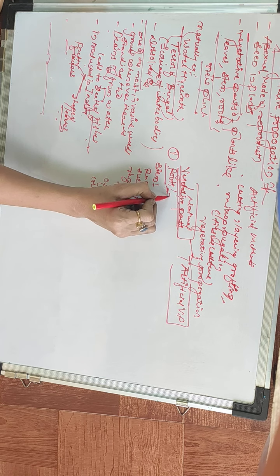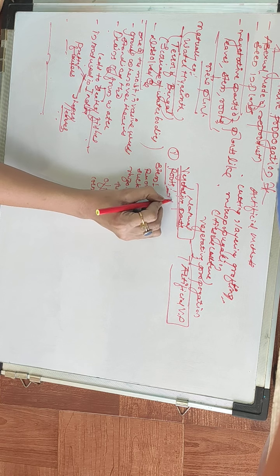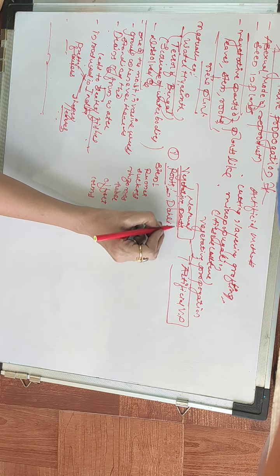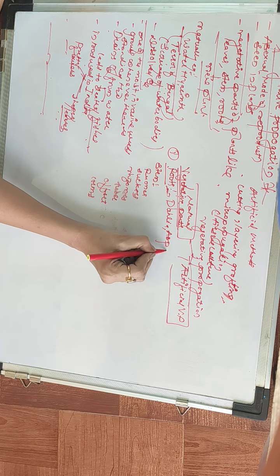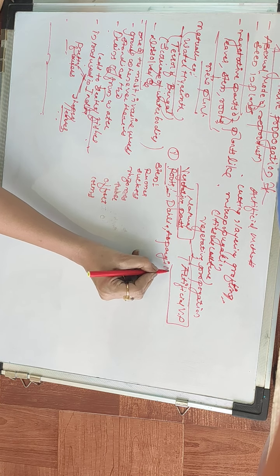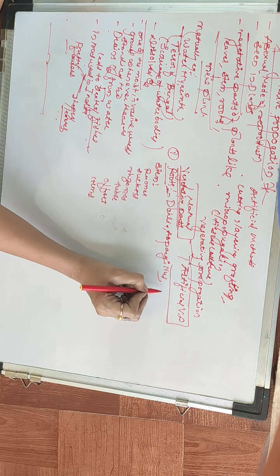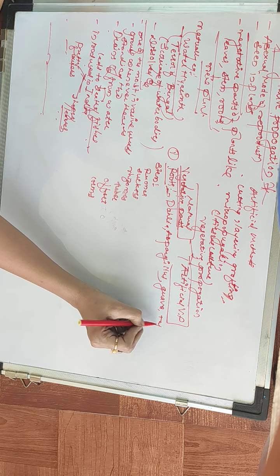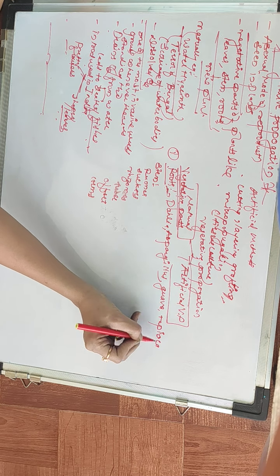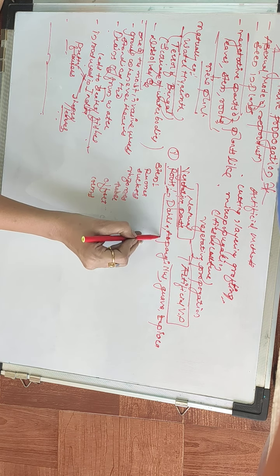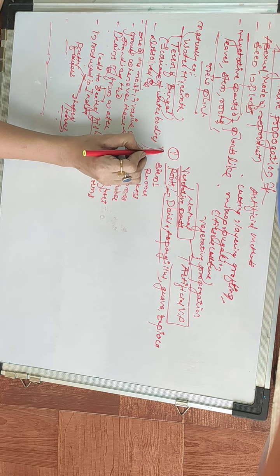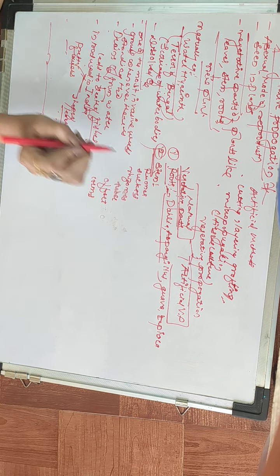From the roots, plants are developed. For example, dahlia, asparagus, guava, then tapioca. These are a few examples of roots. From these roots, new plants are developed. The second vegetative part is called the stem.